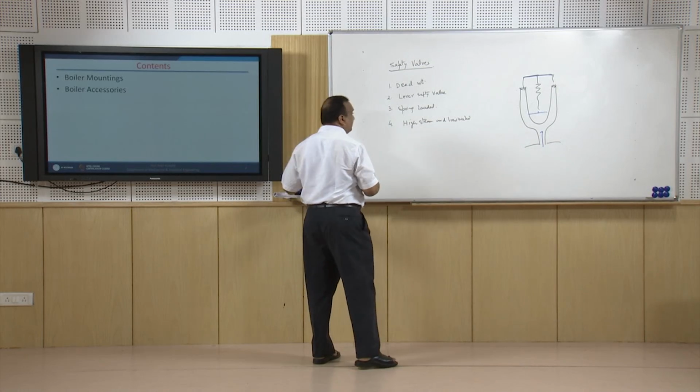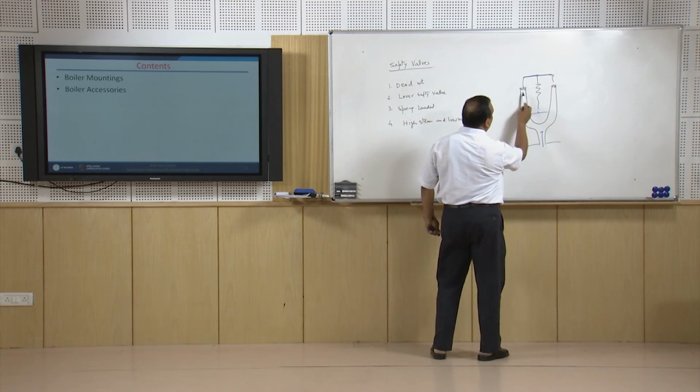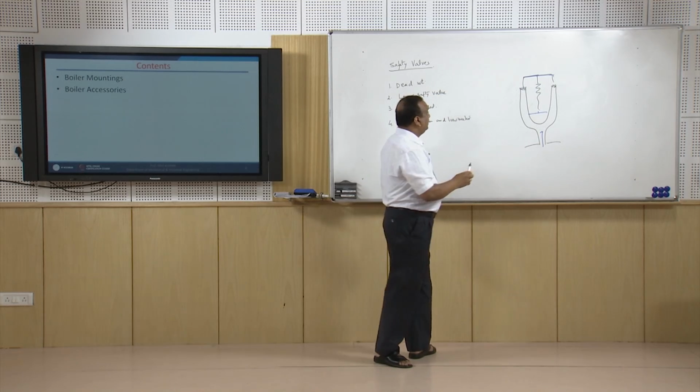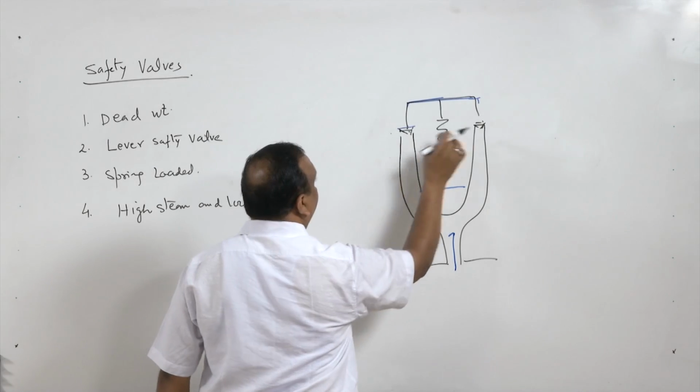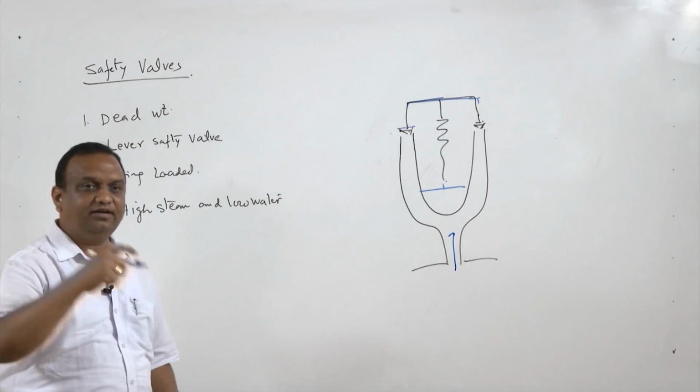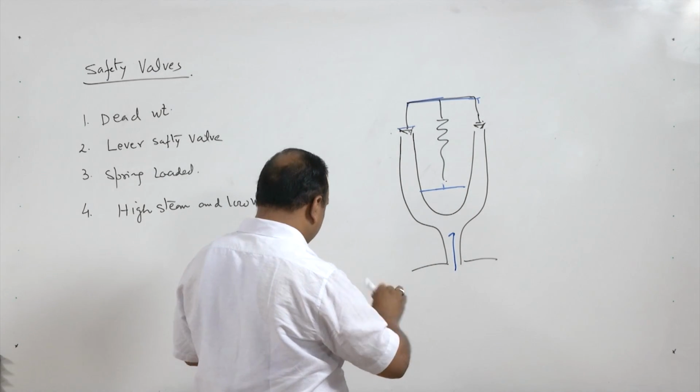So, when the pressure is exerted on these two openings, these two closings, then they open, they are lifted from the seat and the spring is stretched, right, steam is vented off.